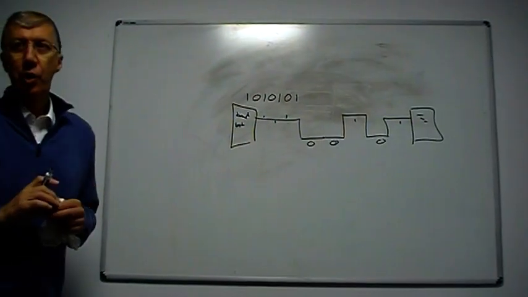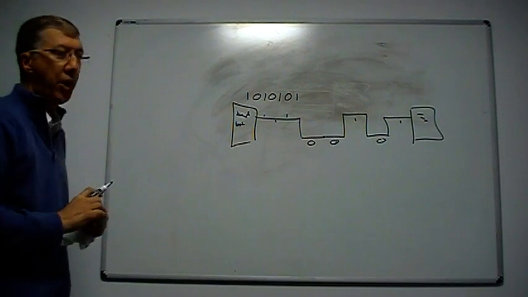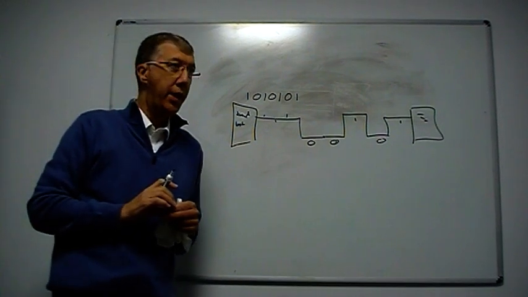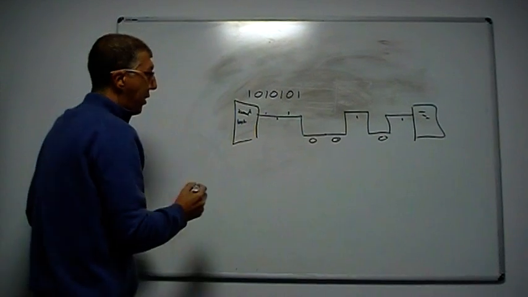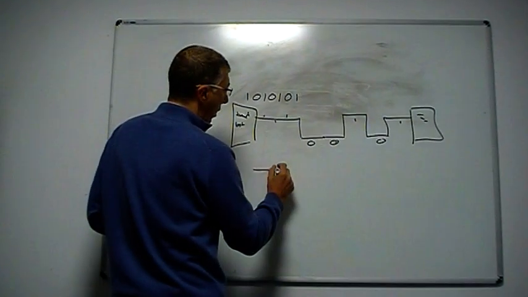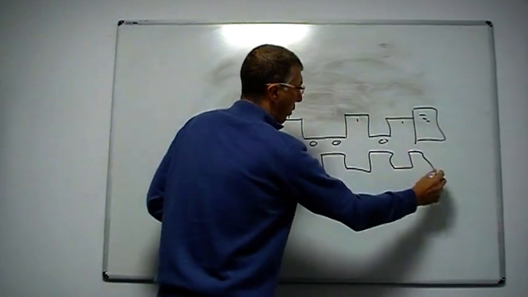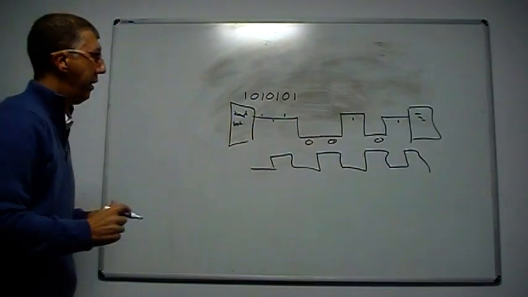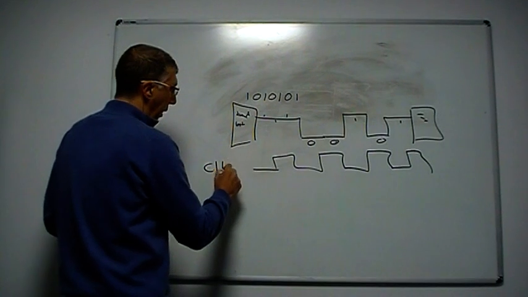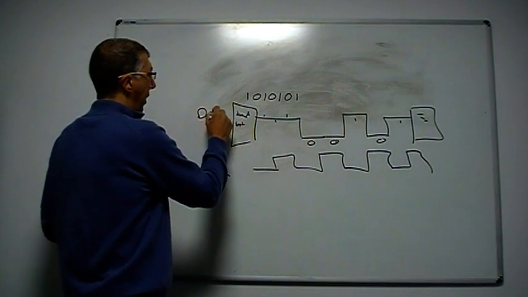So what we have to do is we have to send the clock signal with it. So our clock signal will be going along with this in a particular pattern. We'll see in a minute how to work it out. So it has a clock and it has data.